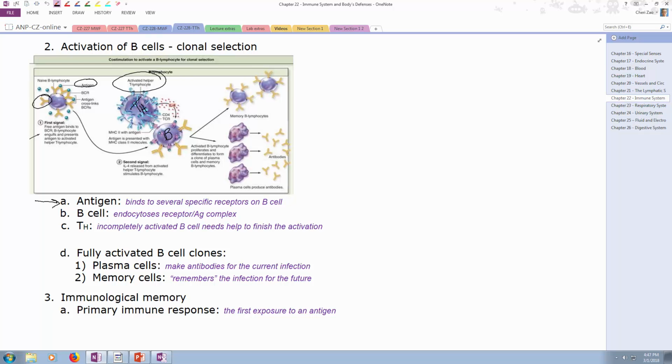And so what will happen is the B cell wants to clone, but cannot clone without the co-stimulatory enzyme from a T helper cell. So it has its little Ys, it has its antigens attached to it. And what's interesting is that little antigen receptor complex gets brought inside the cell, and then that antigen gets properly disassembled and put onto the MHC2 on the surface of the cell, which will then interact with the T helper cell.